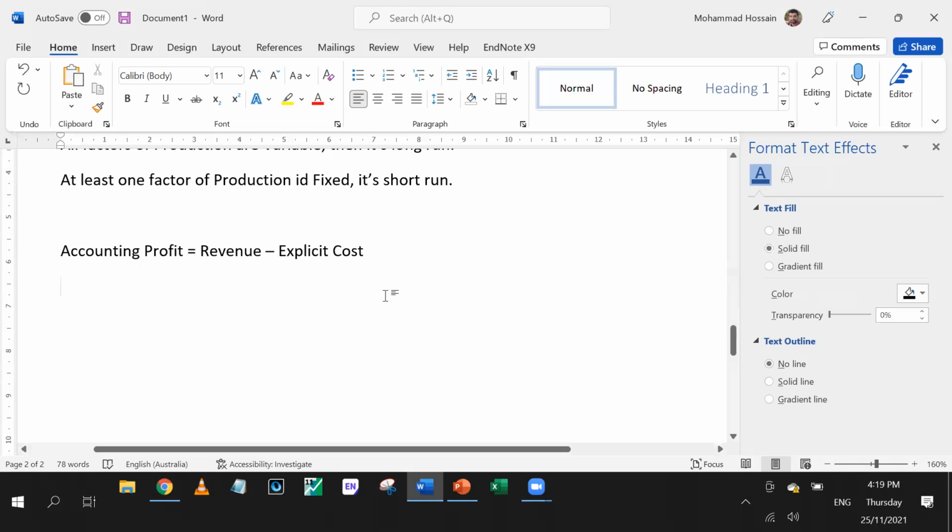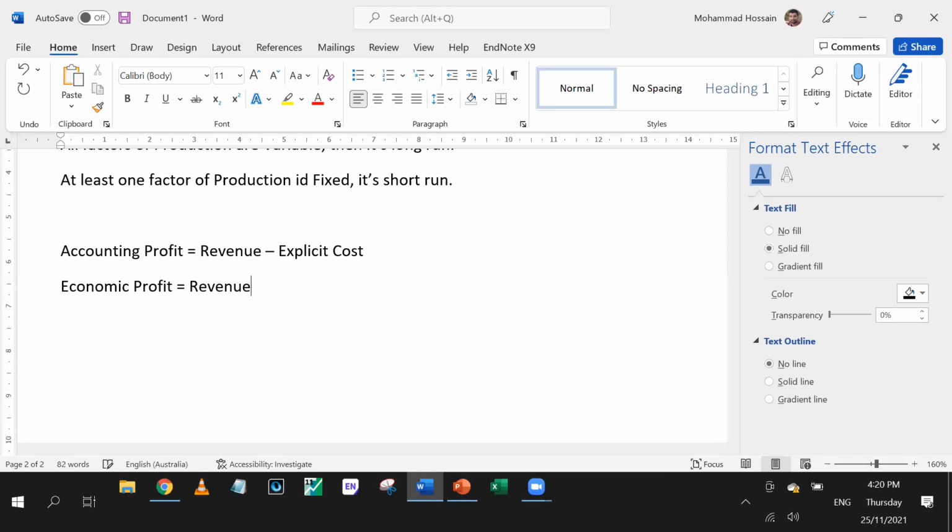Okay. But economic profit will be equal to revenue minus explicit cost minus implicit cost. Now, we know what is explicit.